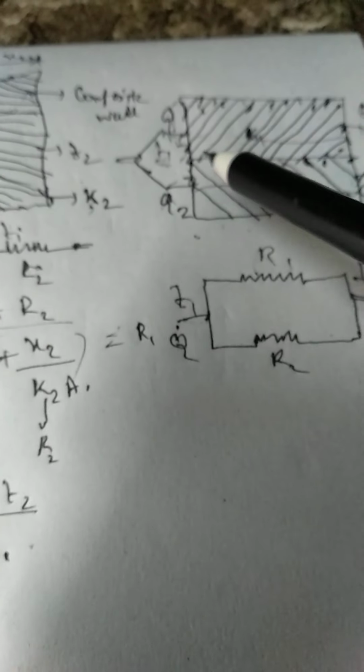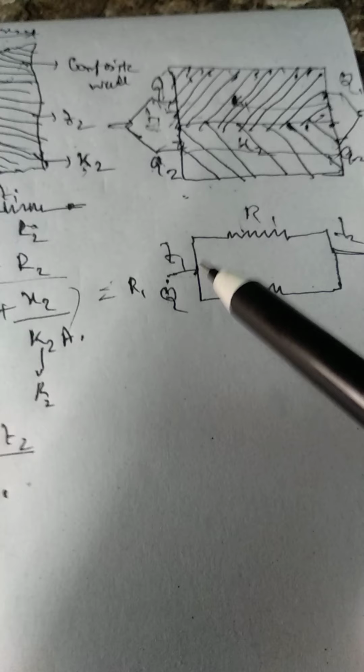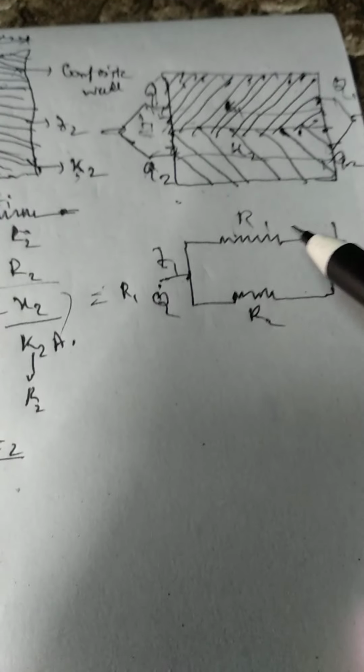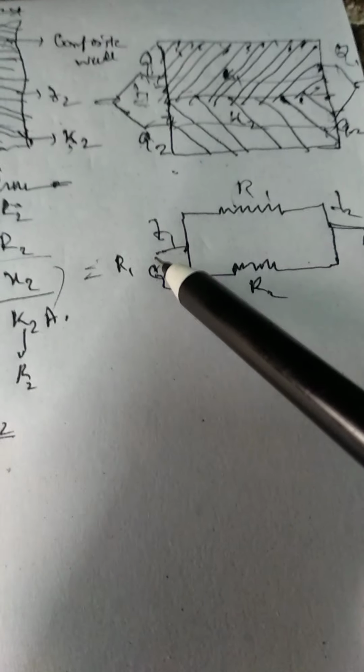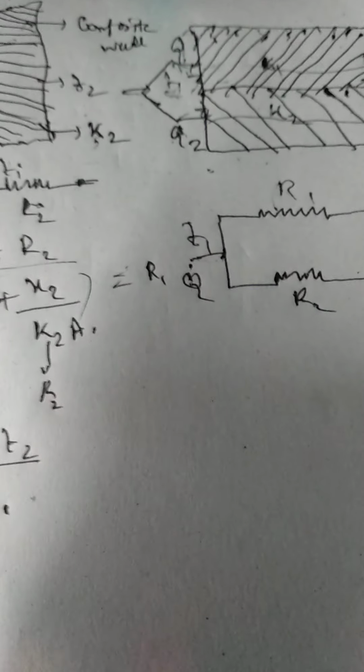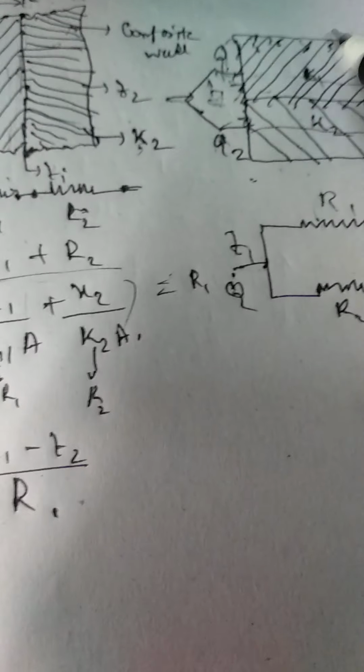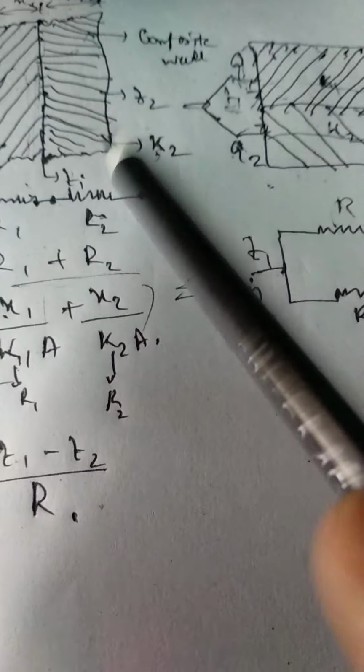So this is similar to the parallel connection, a parallel circuit. Here the cross sectional area will not be the same as in the earlier case.